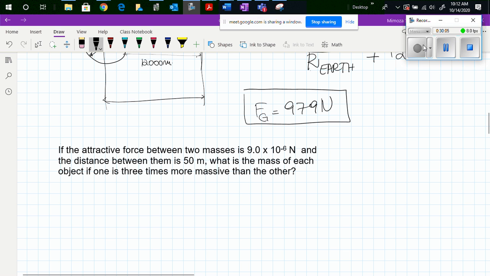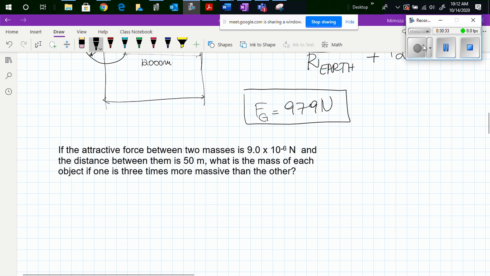If you are at the surface of the Earth, then the weight of a person of 100 kilograms will be 981. But when you are 12,000 meters away from the surface of the Earth, then your weight will appear to be 979, less than 981.